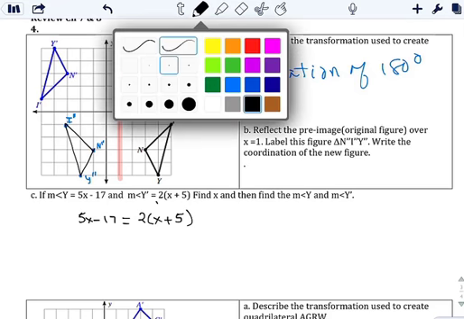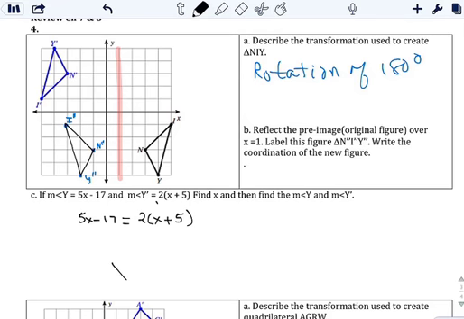Okay, we found that X equals 9, and I want you to... That's confusing. Okay? Make sure your group gets the same answer.